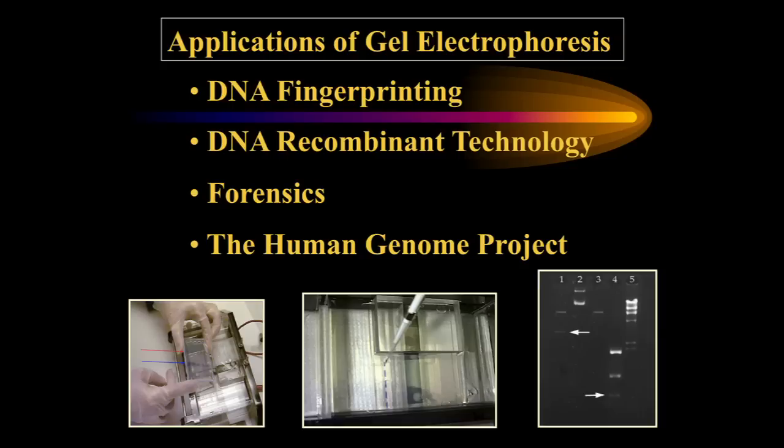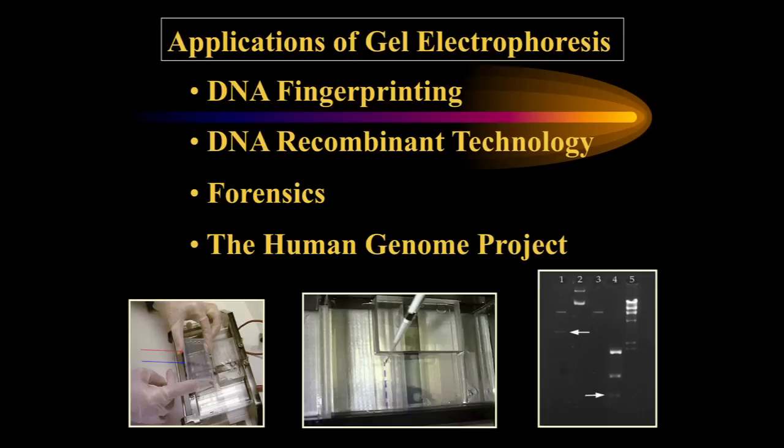So the applications of gel electrophoresis are DNA fingerprinting associated with the polymerase chain reaction. And this has become very valuable because you can't see one molecule of DNA in gel electrophoresis. But if we amplify that one molecule many times through the application of PCR, we can visualize it very quickly using gel electrophoresis.